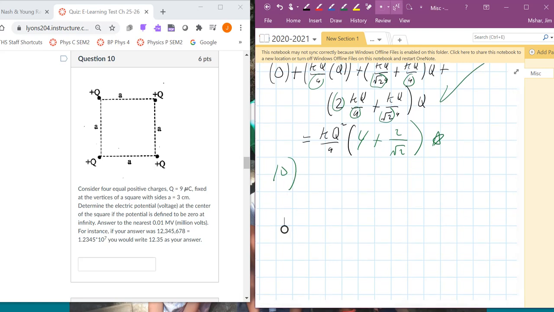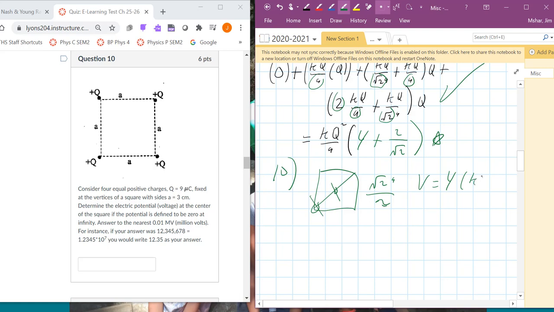Well, each charge is what's the distance from here to here? This distance would be root 2a. From here to here, it'd be half that. So that's our distance. All 4 charges are that distance away. So the voltage would be 4 times KQ over root 2a over 2.